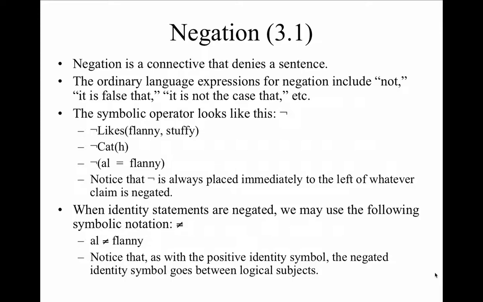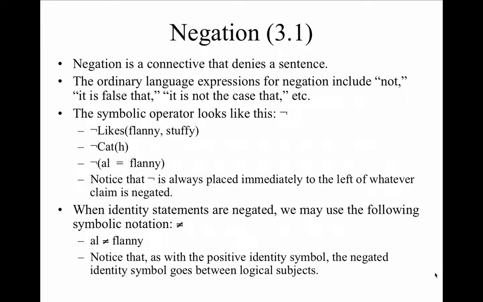So take a look at the examples. We have the hook in front of every sentence that's negated. It's not going to be the case that the hook comes behind or on the right side of the sentence that's negated. It always appears in front of or on the left side of the sentence that's negated.